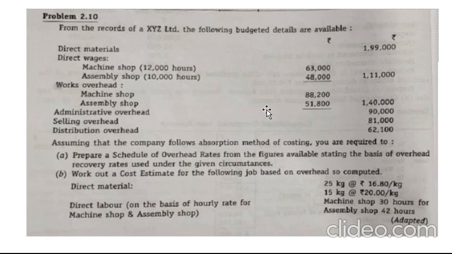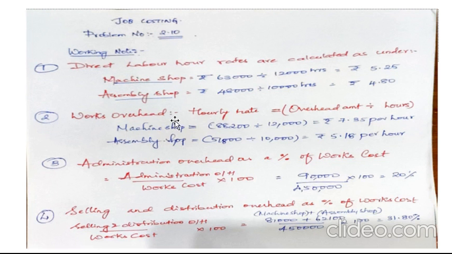So the calculation goes like this: works overhead hourly rate is equal to overhead amount divided by number of hours. So for machine shop, the overhead amount is 88,200, and the hours for which that particular job is done is 12,000 hours. So 88,200 divided by 12,000 will give you rupees 7.35 per hour.